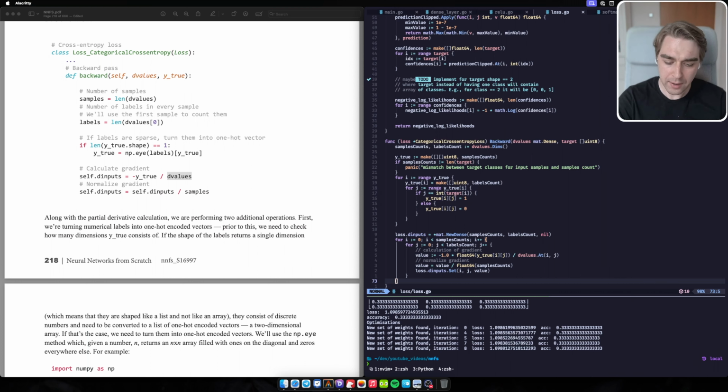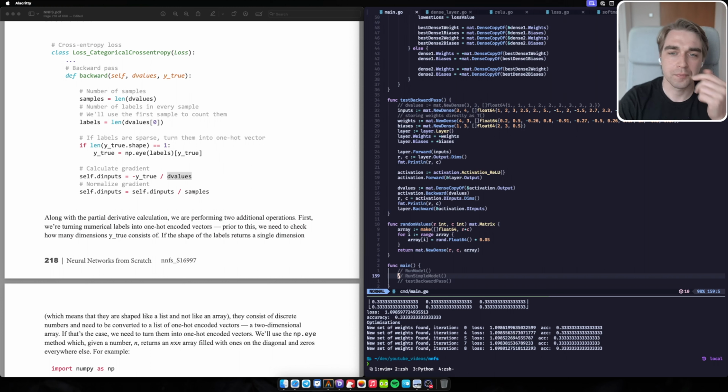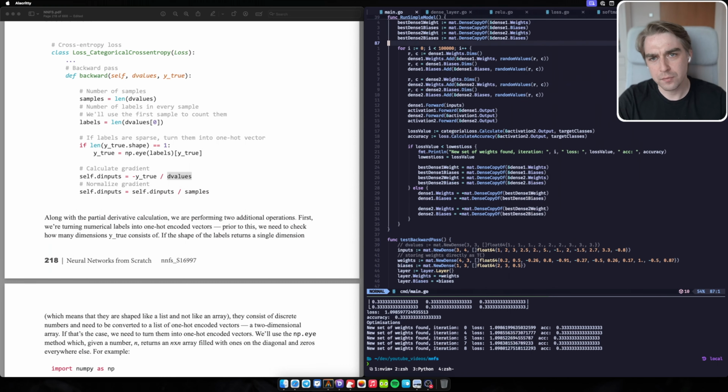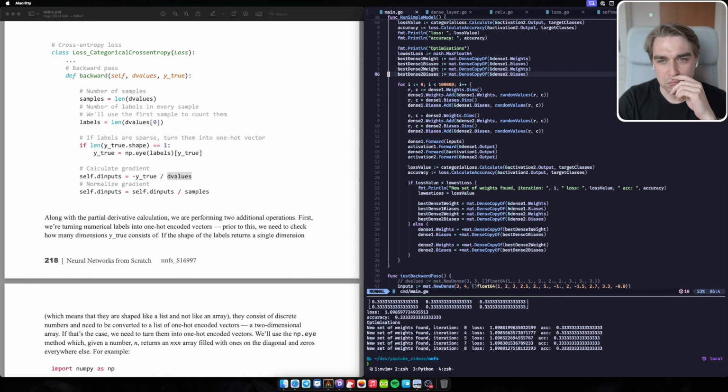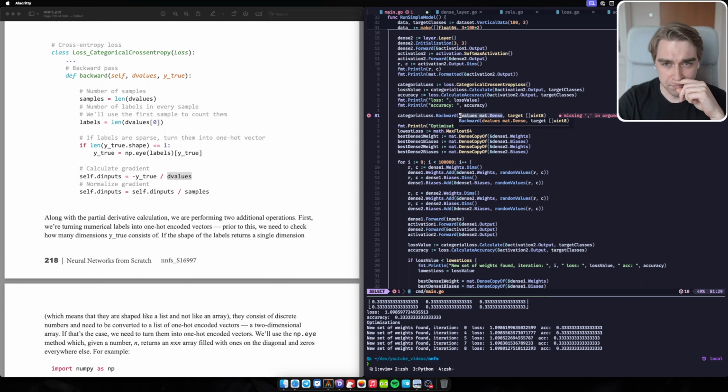Then the question, can I test it somehow? And I think I can. I mean the categorical loss backwards, and I'm thinking what should be the input, and d values, calculate the gradient, d values.